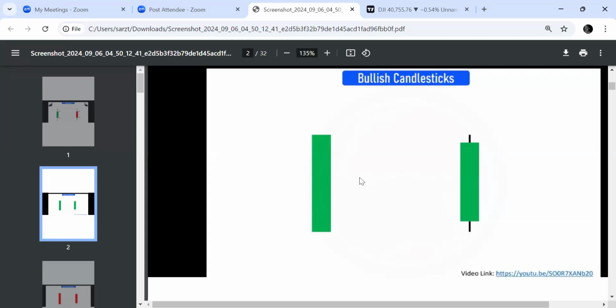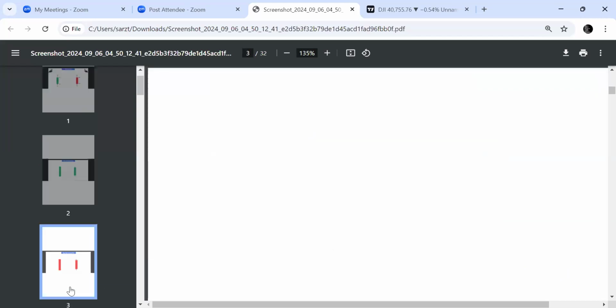If it forms when the market is up and there is a resistance, it indicates a breakout. If it forms when the market is down, we have to neglect it. And when it forms when the market is down and there is a support, it indicates a reversal.